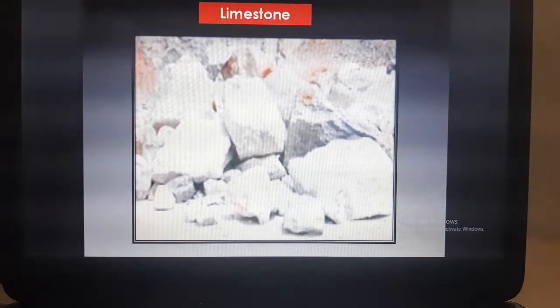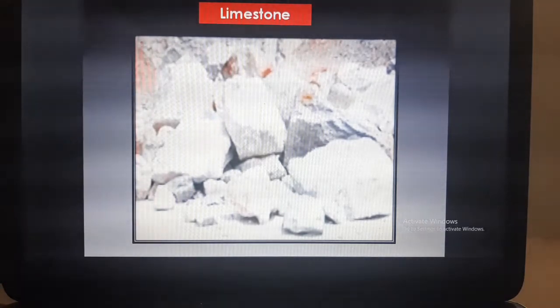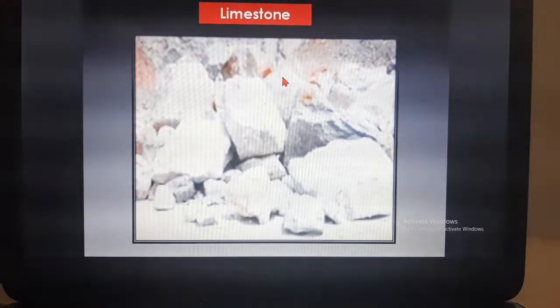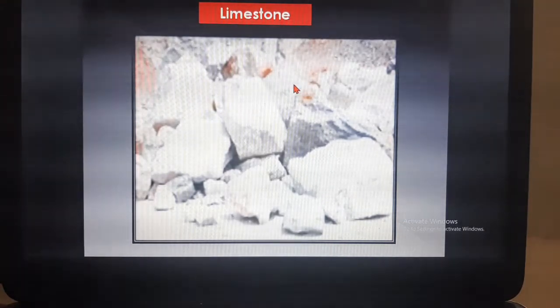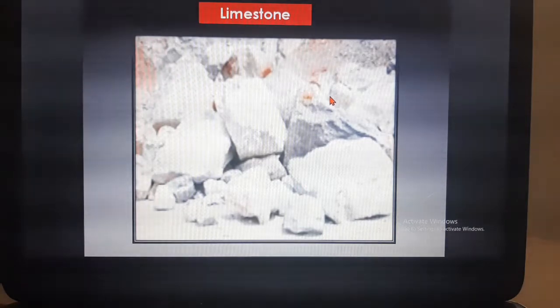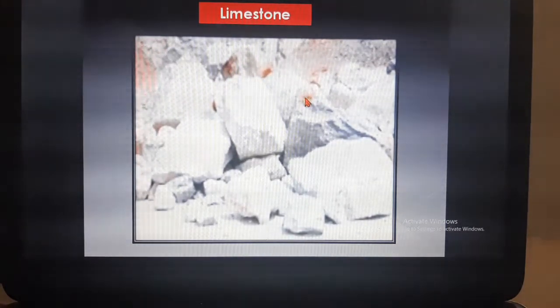You can find many limestones in different colors also, but they are layered. Limestone has different layer forms. Here you can see it.